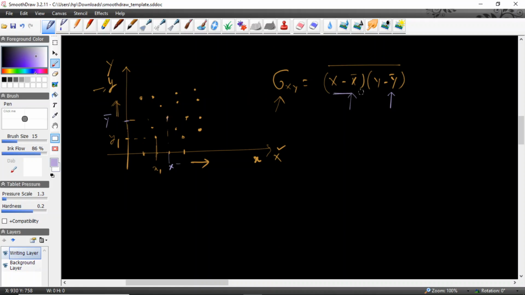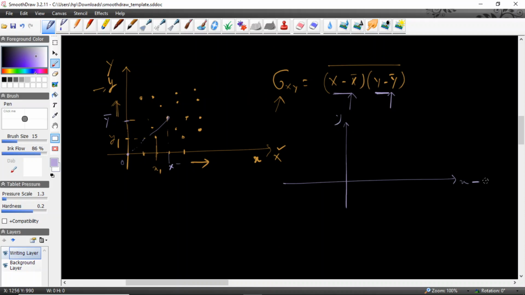So x minus x bar and y minus y bar simply means that you are shifting the origin of this plot to this point. So I simply shifted this, and it becomes like this. You have x, you have y. Now the origin of this scatter plot will be shifted to the mean, because when you subtract the means you have zero mean in both cases.